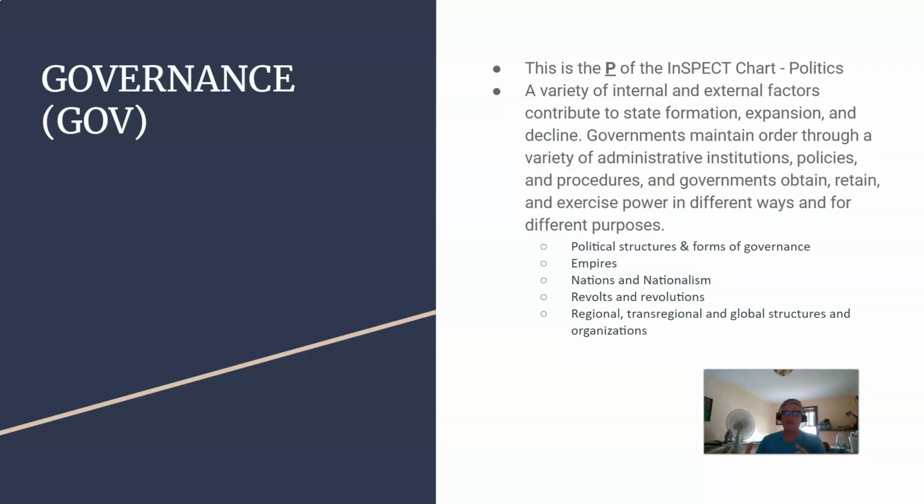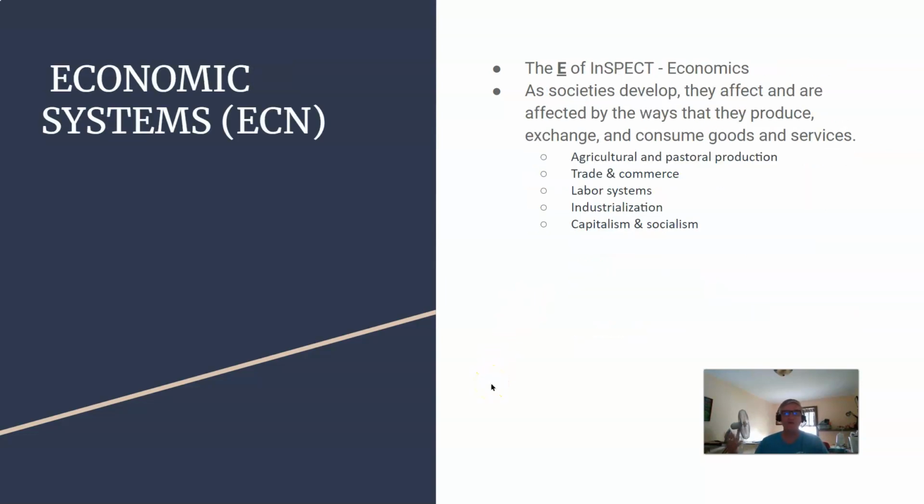So for this section, we're looking at political structures and forms of governance. Could it be empires? Nations and nationalism, which we'll get into especially later in the course. Revolts and revolutions, a big chunk of the course a little later, around 1750. And then regional, trans-regional, and global structures and organizations that develop more in the 20th century than any other time.